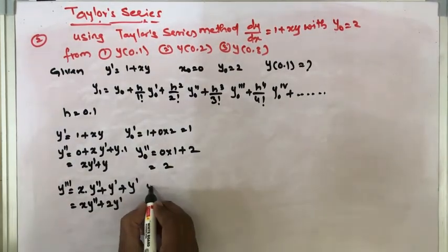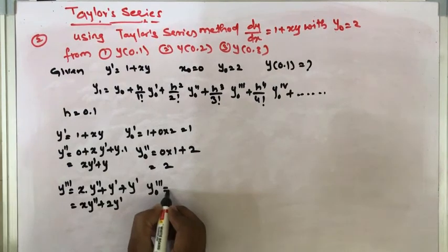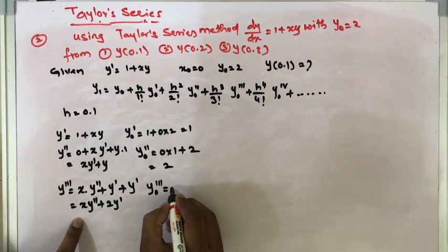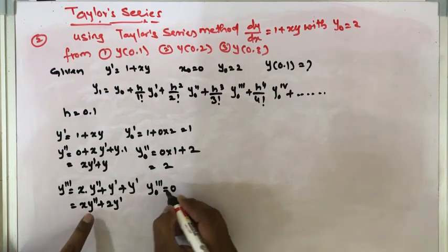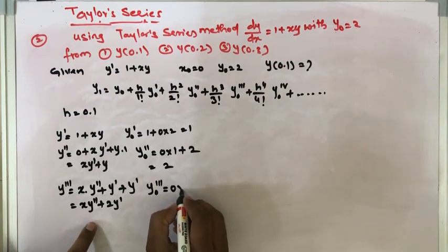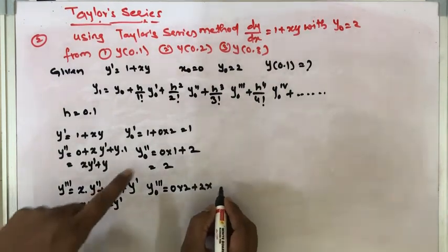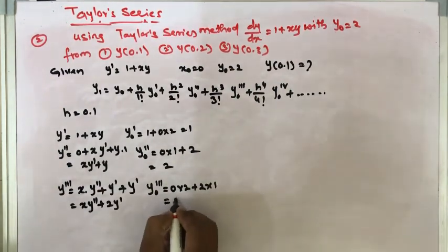So y0 triple dash will be 0 into y0 double dash, plus 2 into y0 dash, which is 1, so we get 2.